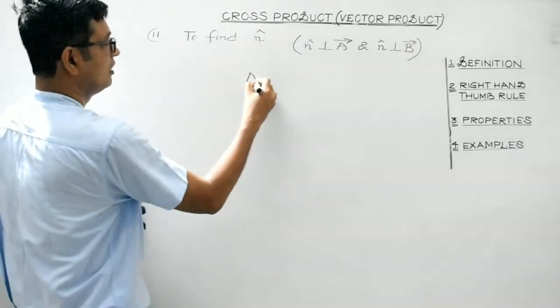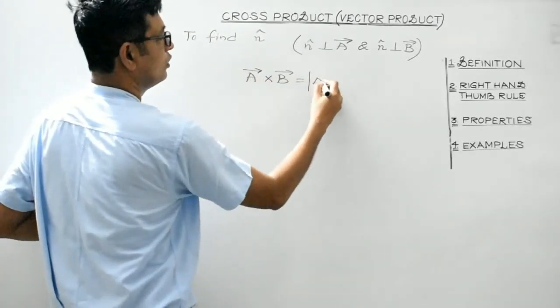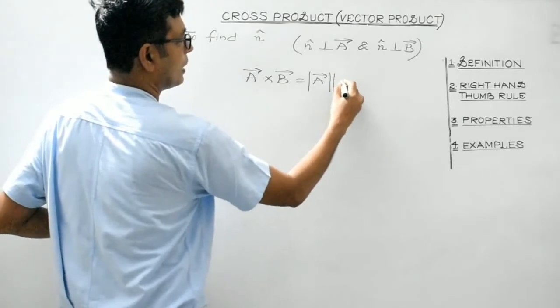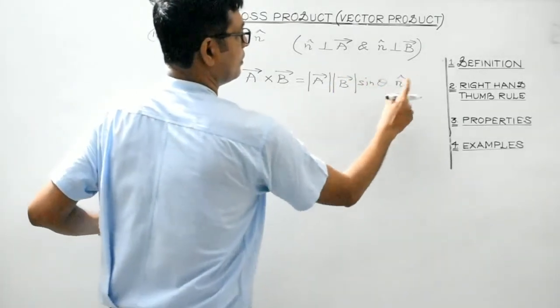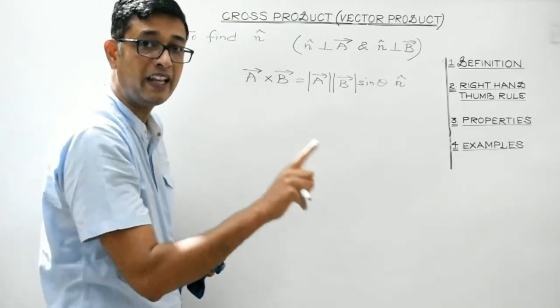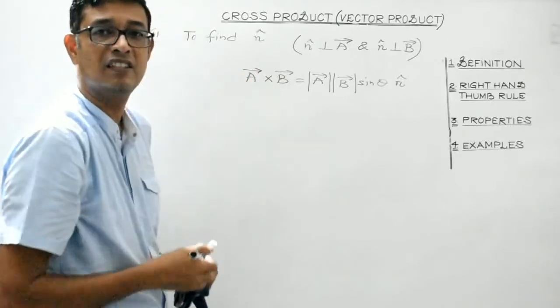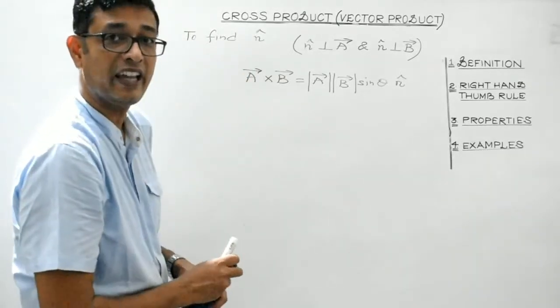Now we are aware A vector cross B vector is equal to magnitude of A multiplied by magnitude of B sine theta n cap. This n cap, students, is perpendicular to the plane containing A vector as well as B vector, right? So we are supposed to find out n cap.